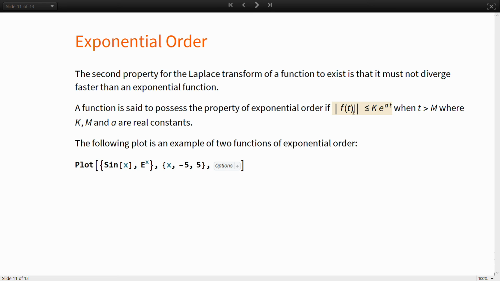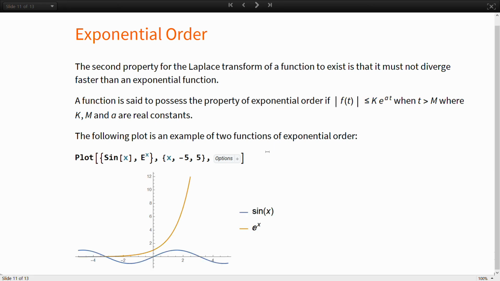This property is required so that the e to the minus s times t term in the formula for the Laplace transform is sufficient to make the integrand go to 0 for large values of t. This ensures that the integral as t goes from 0 to infinity is finite. The two functions in the plot here are examples of functions of exponential order.